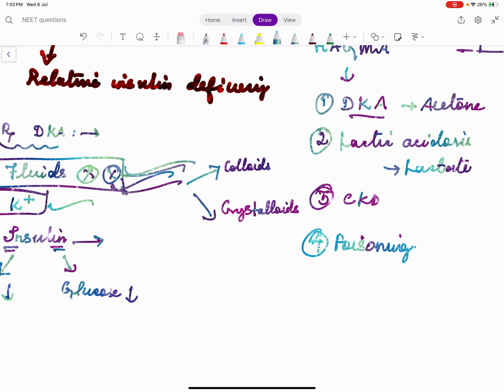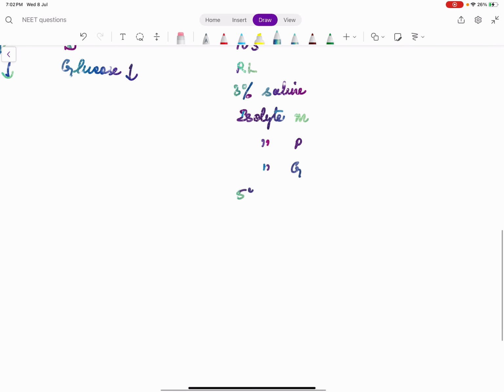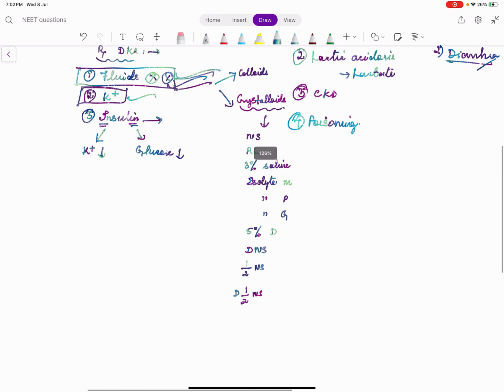Crystalloids are the common fluids which we see in our ward during residency, like NS normal saline, Ringer's lactate, 3% saline, Isolyte M, Isolyte P, Isolyte G, and 5% dextrose, DNS, dextrose with normal saline, half normal saline, dextrose with half normal saline. All these are crystalloids.